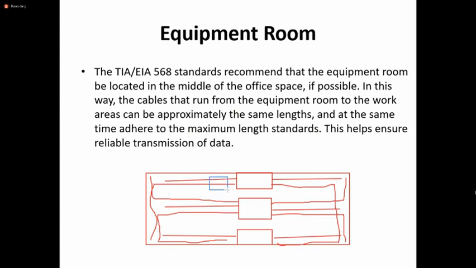If we have this kind of arrangement, then this might be a good option, with a minimum length of cables, because if we keep it here, the length will be more, right? So it depends.